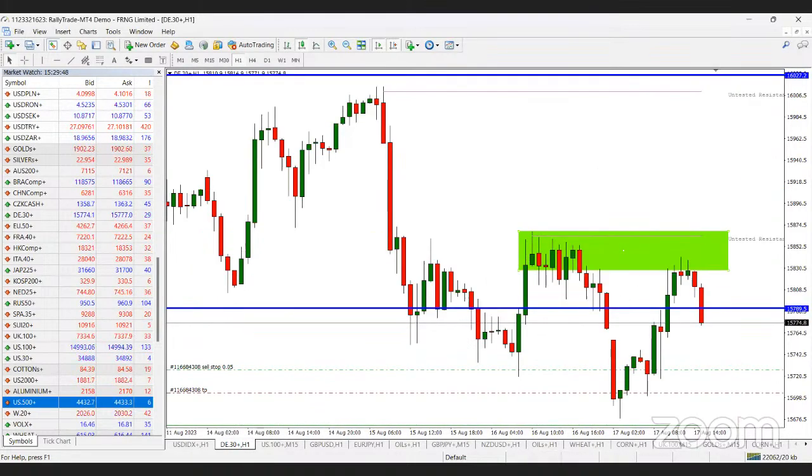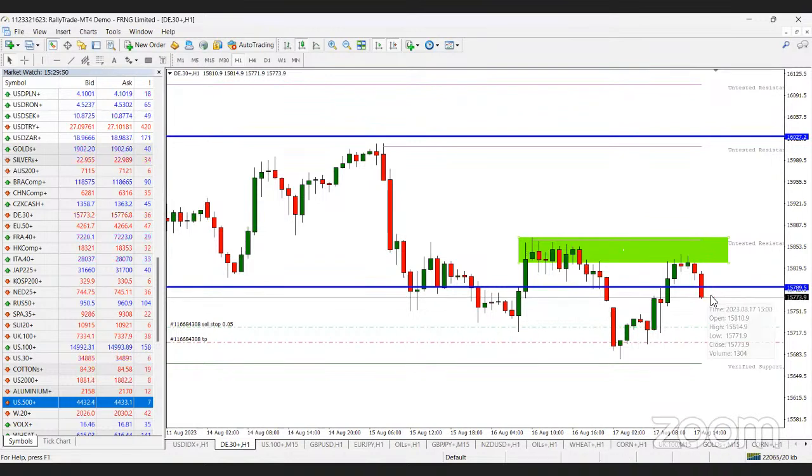So for people I gave this particular price on DE30, price is already trading below that zone, 15789.5. Okay, price is trading below, but remember I said it has to close. If it closes here, then we can still sell further.